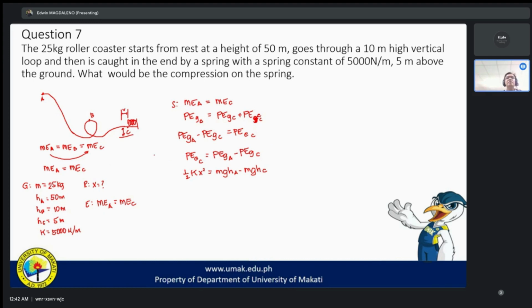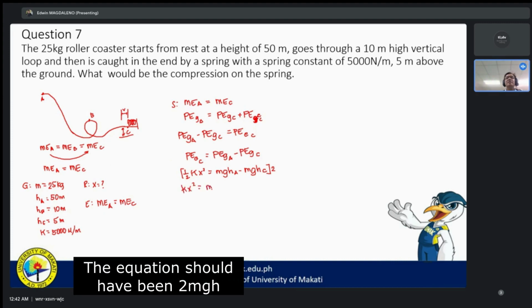So solving for x, we multiply the whole equation by 2, which will cancel the 1/2 here, giving us only k x squared equal to mass times gravity times height at point A minus mass times gravity times height at point C.